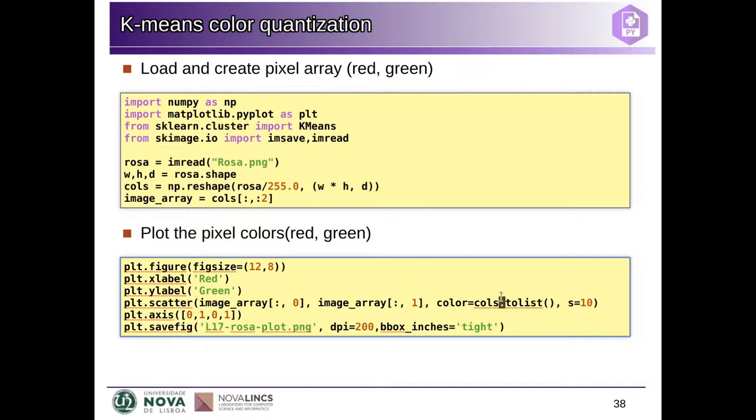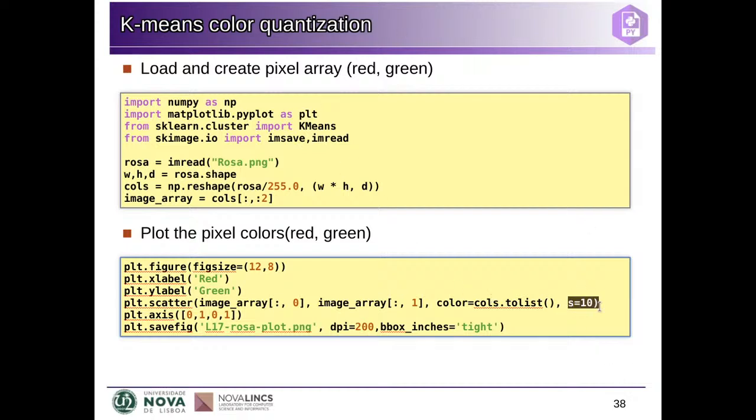So this can have different formats, but one possible format is a list or a tuple of 3 values indicating red, green, and blue. And I can do that by simply taking the original table of all the pixel colors, converting it into a list, because this does not work well with a NumPy array, and this basically is the list of all the colors of all the pixels.